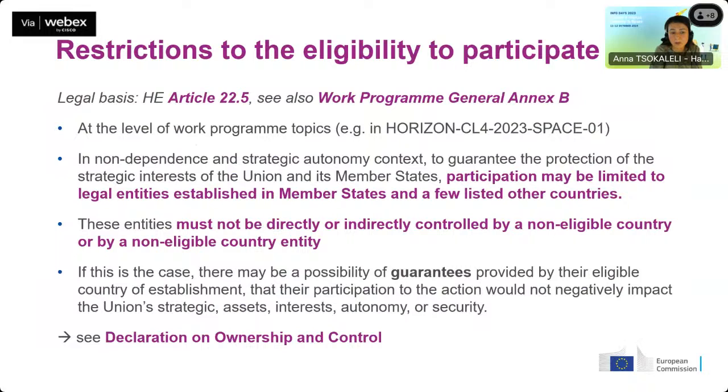These entities must not be directly or indirectly controlled by a non-eligible country or by a non-eligible country entity. In this case, we ask for guarantees that you need to provide as an annex in the submission tool. When you download all the templates, you will see an annex named Declaration on Ownership and Control that you will need to fill in and submit along with your application. Next slide.